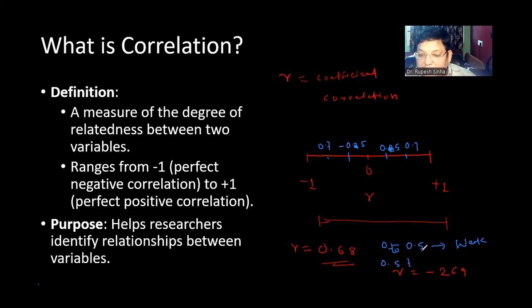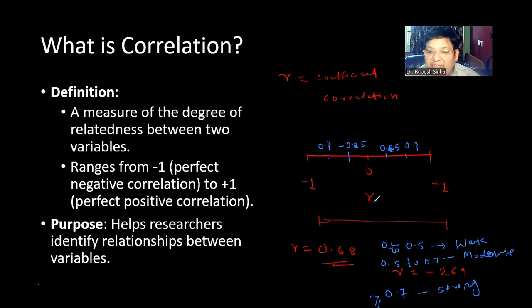0.5 to 0.7 is moderate correlation. And 0.7 and above, greater than or equal to 0.7 till 1, is known as strong correlation.